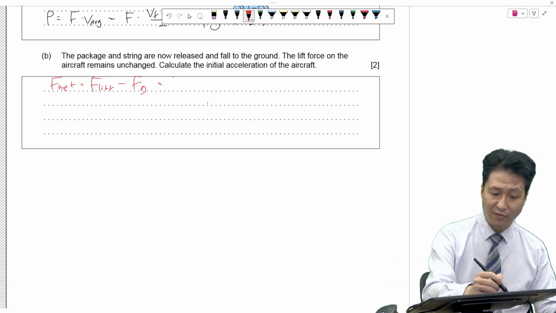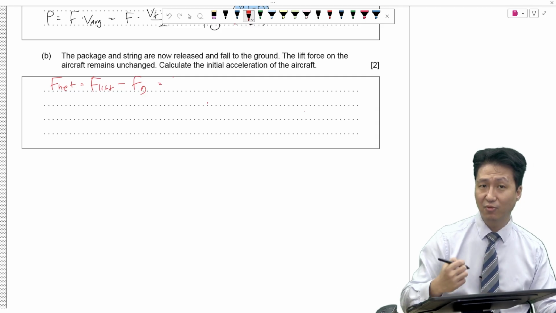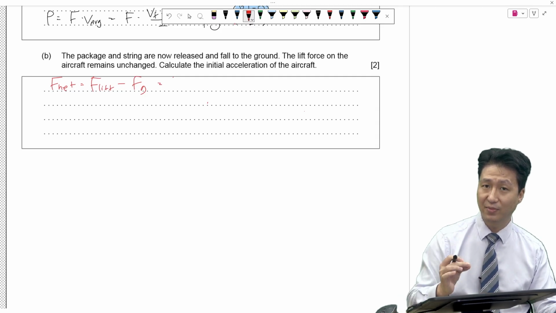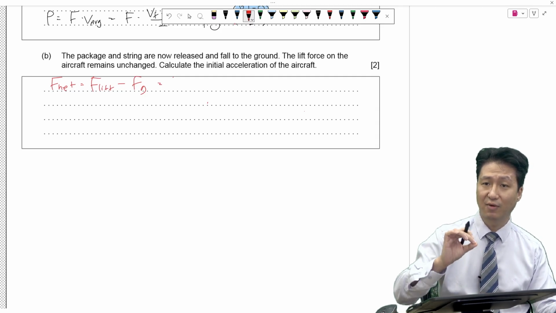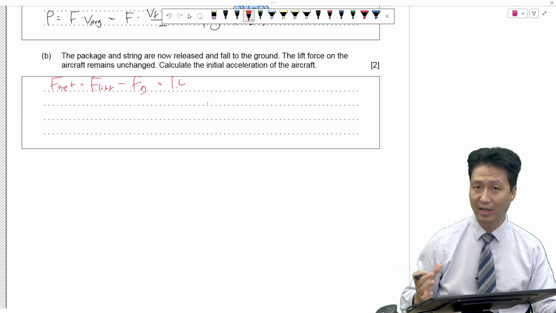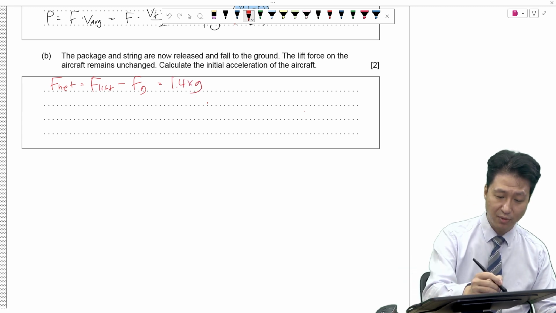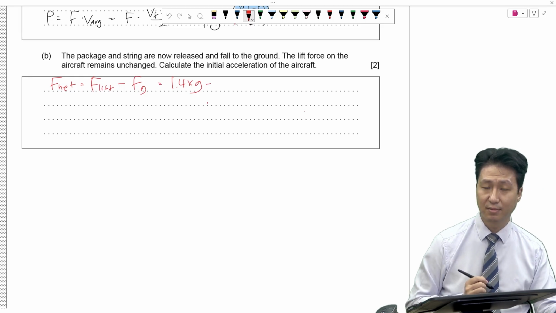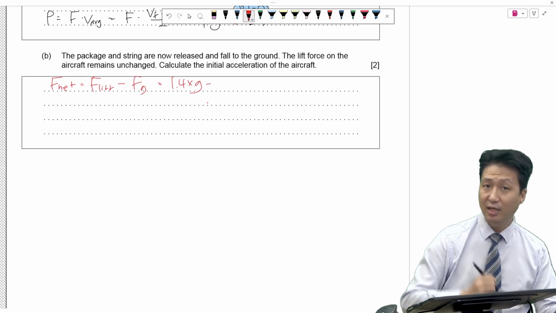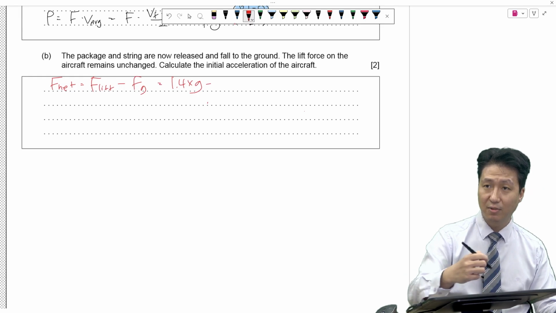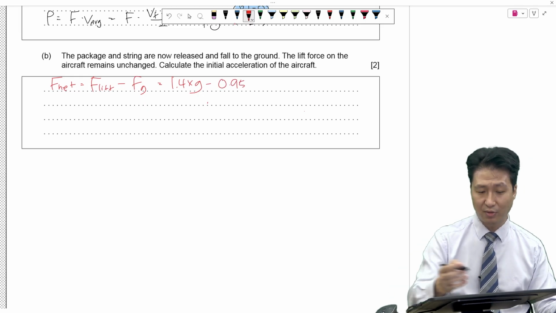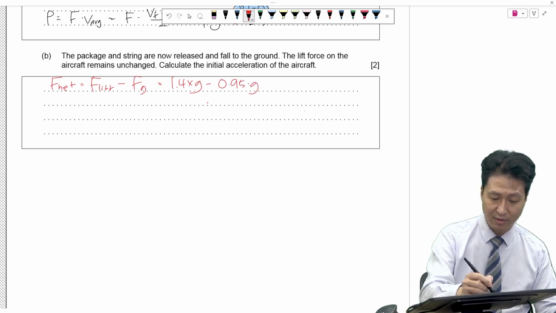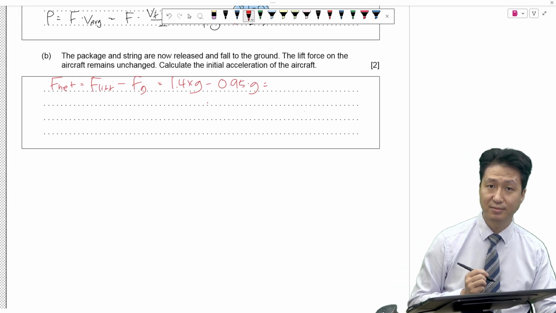The original lift force was just enough to keep the aircraft hovering and to counteract the gravitational force of the aircraft and the package, which would be 1.4 times gravitational acceleration. And we will subtract the gravitational force on just the aircraft, which is 0.95 times gravitational acceleration.